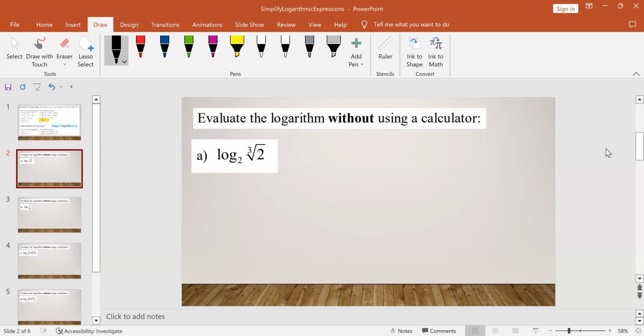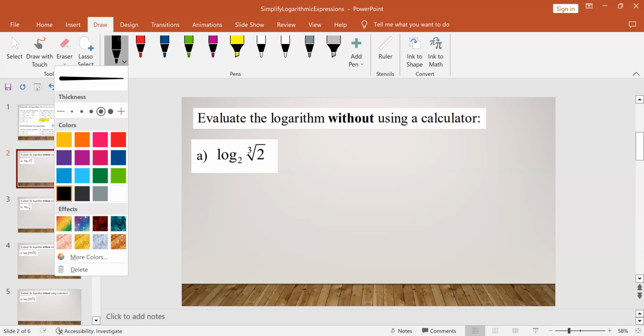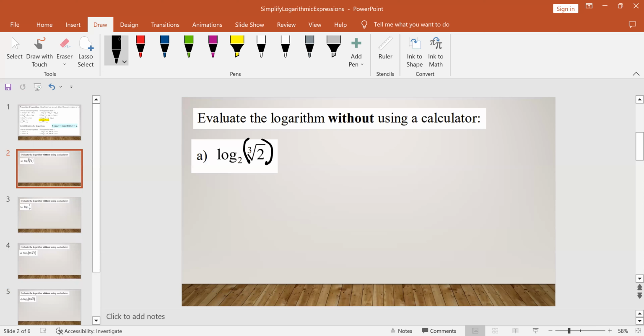So how to do that? You have to understand that when you have a cube root of 2, you can rewrite it without the root, so that will turn to an exponent. Here we have the cube root of 2, that is the argument, and the 2 I highlighted here in yellow is the base of the logarithm.